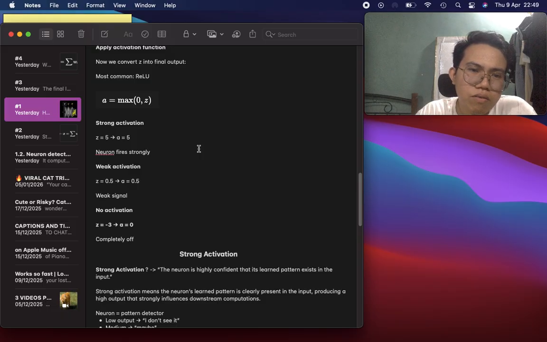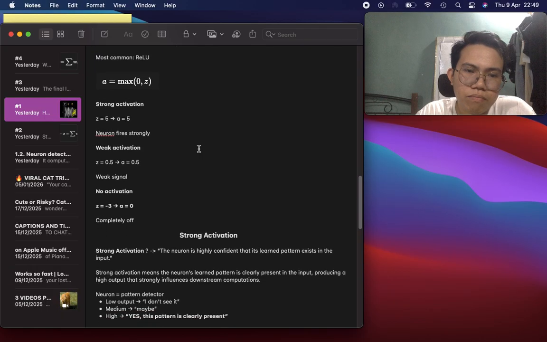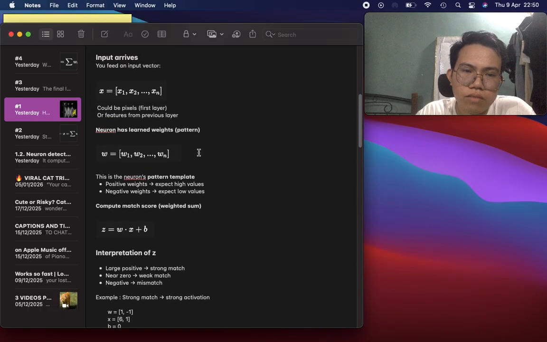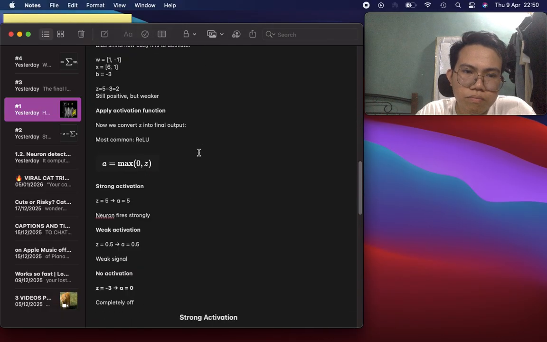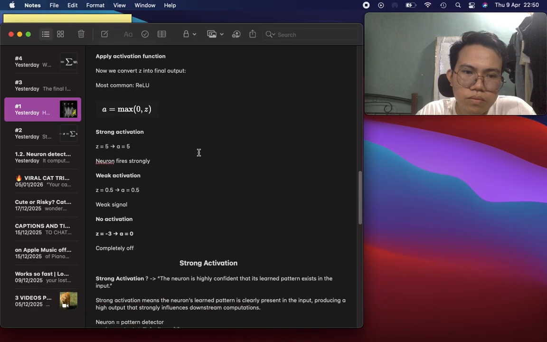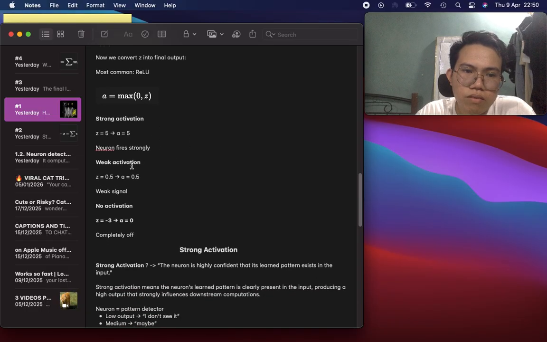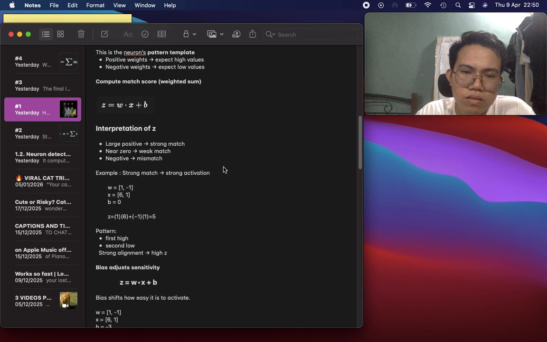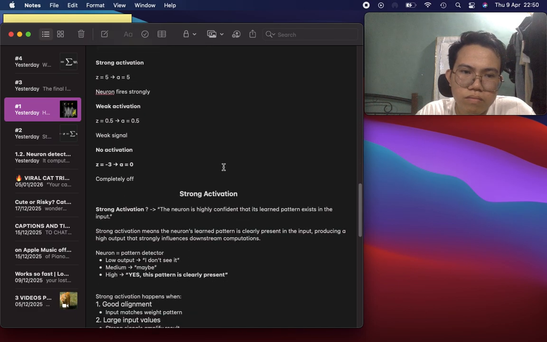So let's focus on how strong activation is used in activations. If it is positive, it will fire strongly. And if it is a weak activation, 0.5, it is a weak signal like this. It does not light up so much.